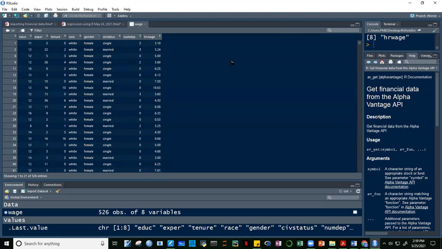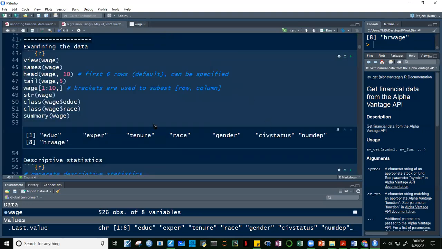Sa regression kasi pwedeng quantitative at saka pwedeng categorical variable ang ginagamit natin sa pag-explain ng dependent variable natin. Yung dependent variable natin, guys, dapat continuous variable, dapat quantitative yan. Okay? Tapos hindi rin dapat binary, no? Dapat continuous variable. Yun ang rule natin sa regression, sa linear regression. Okay, so these are the names of the variables.